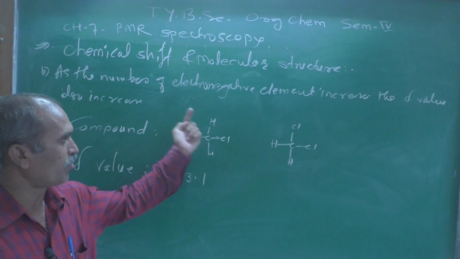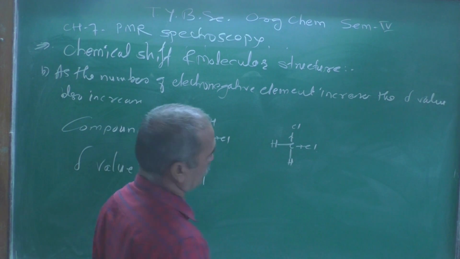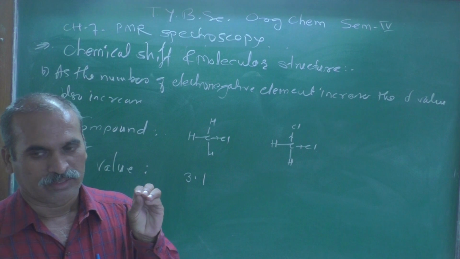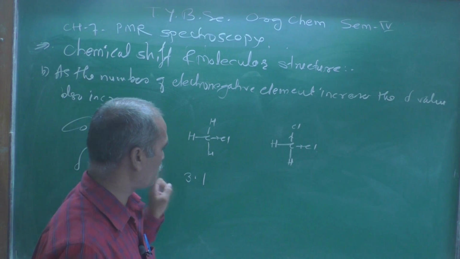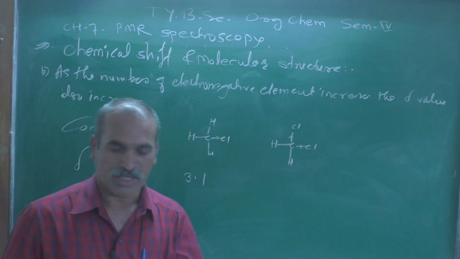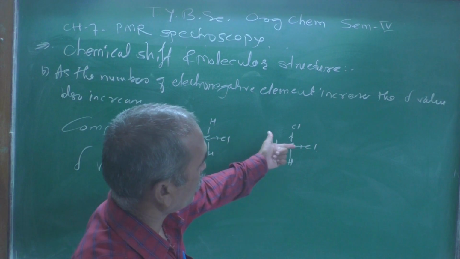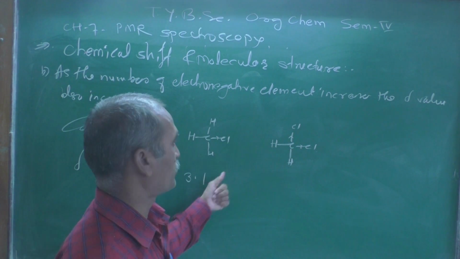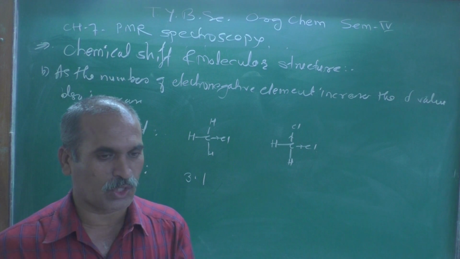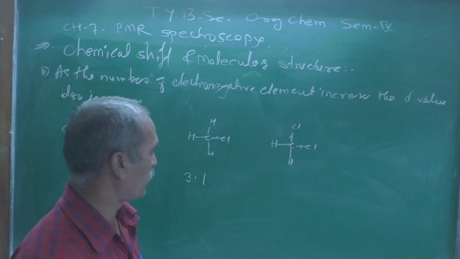If you observe these two structures carefully, the first has only one chlorine atom, and the second has two chlorine atoms. What do you think: is the chemical shift value greater than 3.1 or less than 3.1? Commonly it must be greater, because in the second structure there are two chlorine atoms and in the first only one.